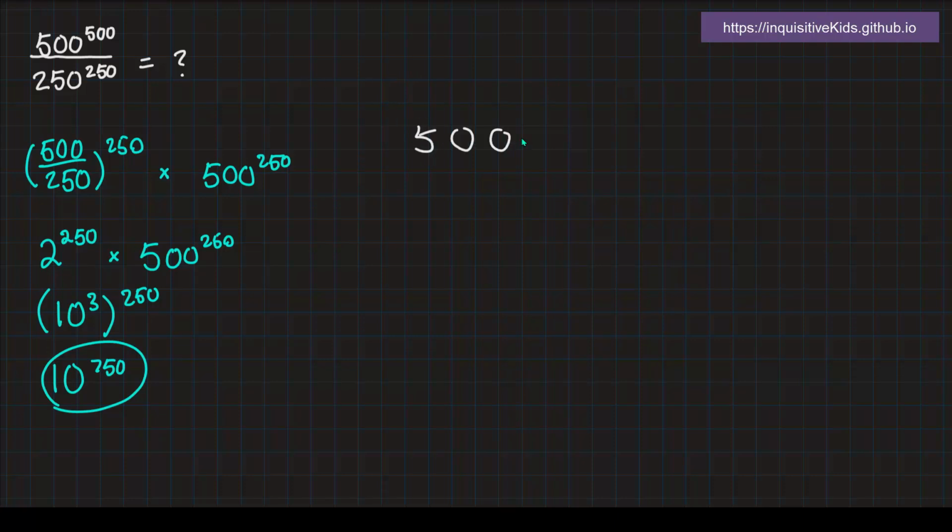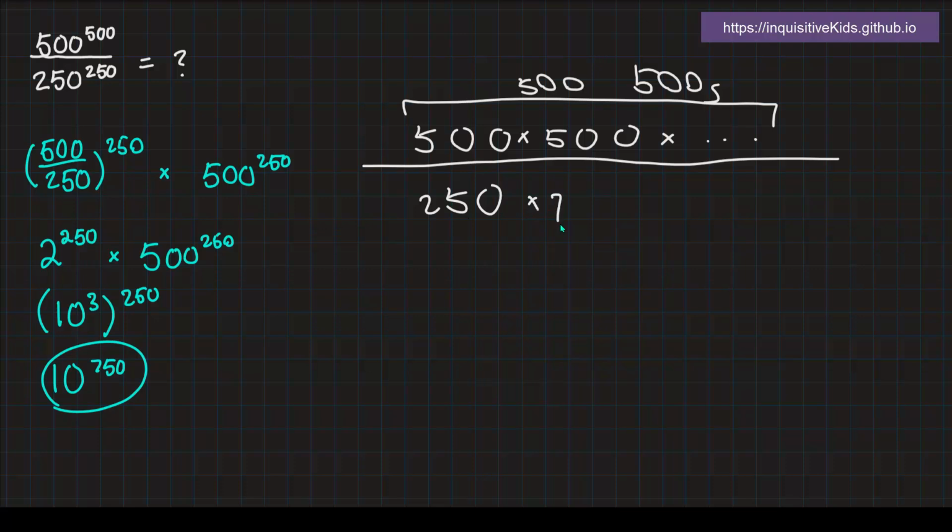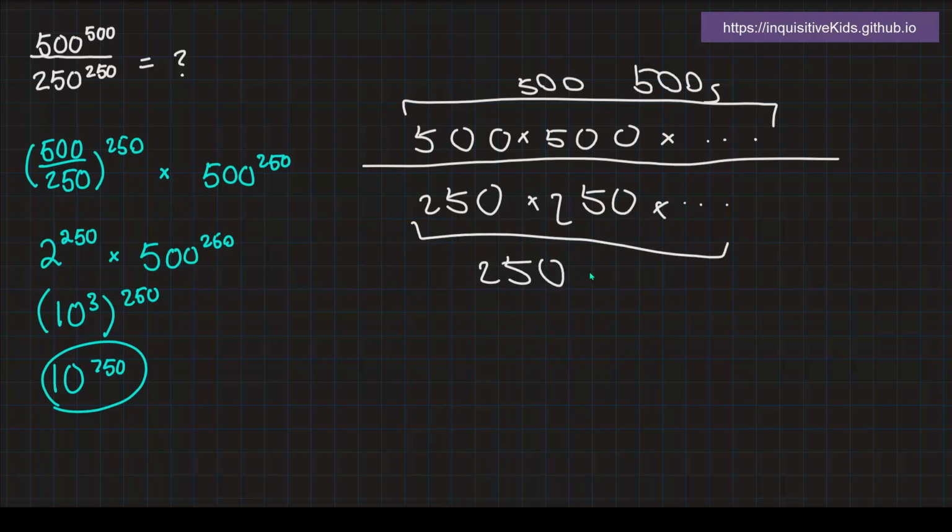You can think of this fraction as 500 times 500 times, all the way until you have 500 of these, 500 500s multiplied together, over 250 times 250, and then you keep multiplying until you have 250 of these. So 250 250s.